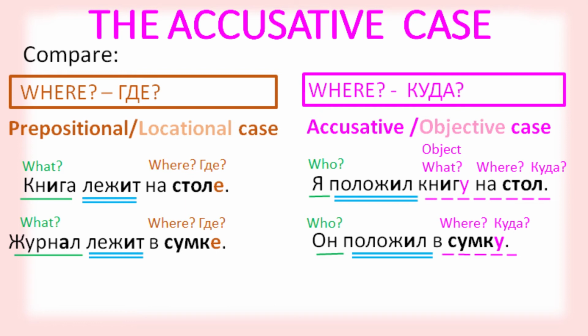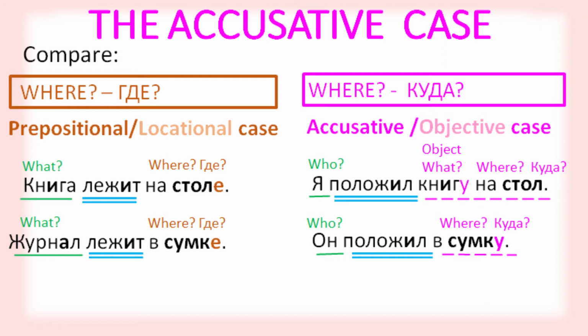Книга лежит на столе. Where is the book? На столе. This is location. Я положил книгу на стол. I put the book on the table. Where did I put the book? На стол. This is direction.